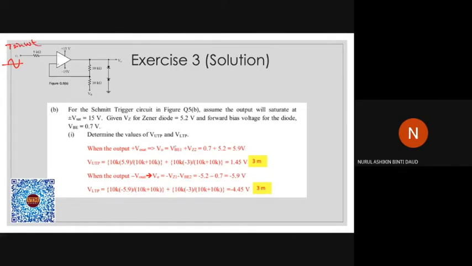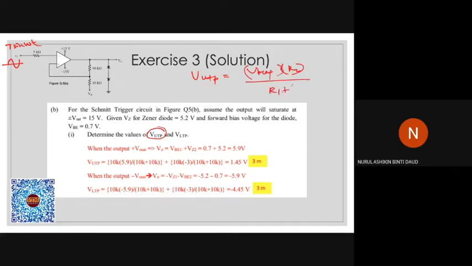First of all, for VUTP, what is the formula? VUTP is equal to V reference times R2 over R1 plus R2. This one you have to memorize.